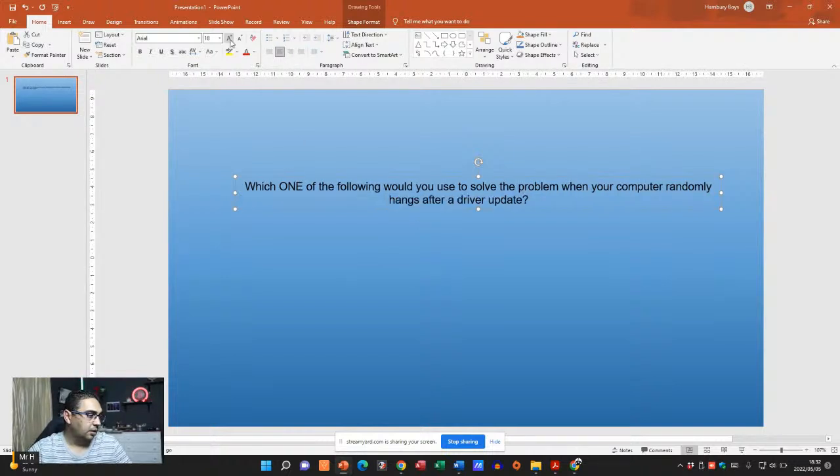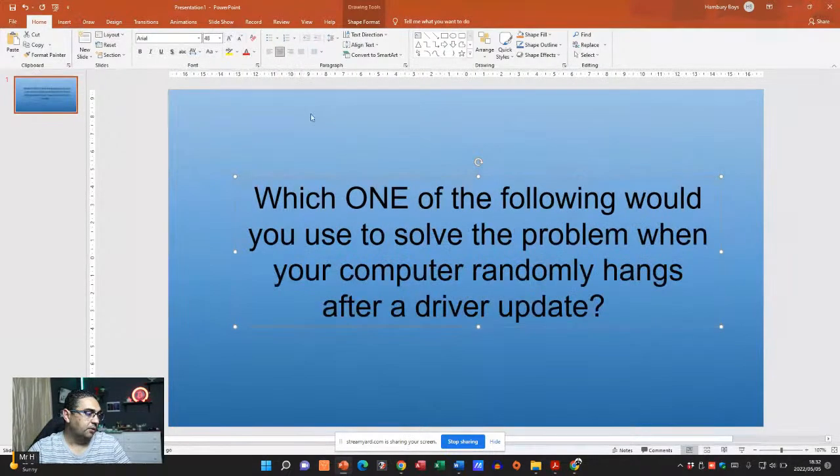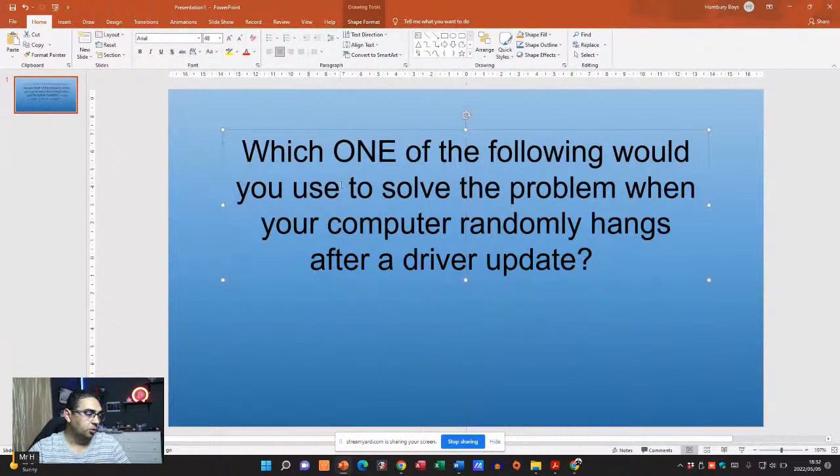All right, here they ask, which one of the following would you use to solve the problem when your computer randomly hangs after a driver update? Okay, so what are we referring to now? When we talk about a driver update, what is a driver? Number one, it is a piece of software that tells the computer how to work with a piece of hardware.